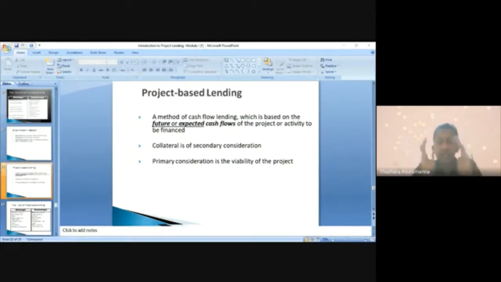But the main difference between cash flow based lending and project based lending is the timing, or rather the happening of the cash flows.